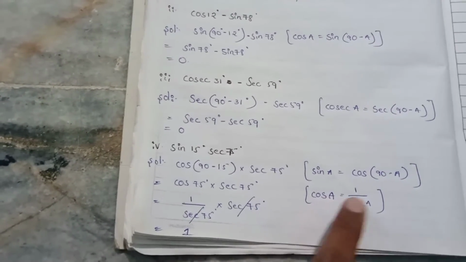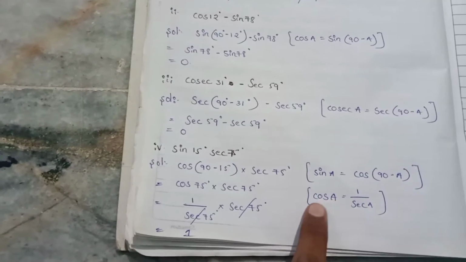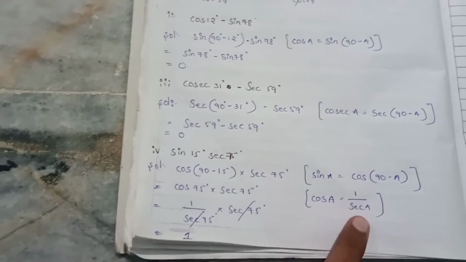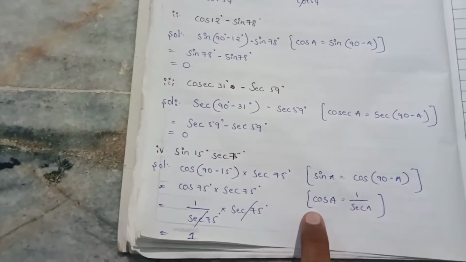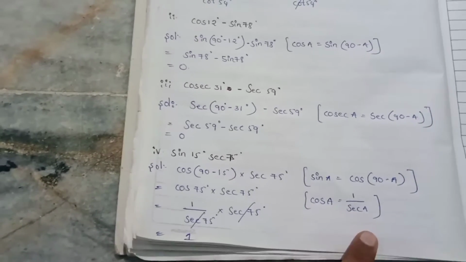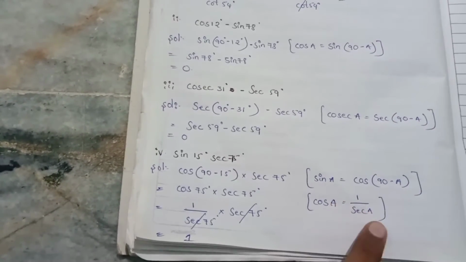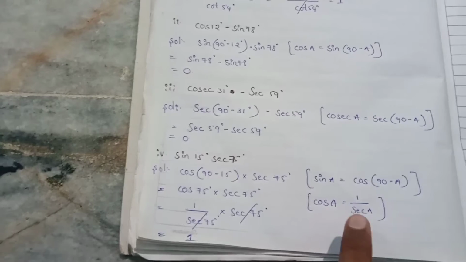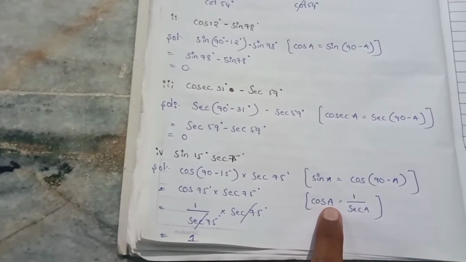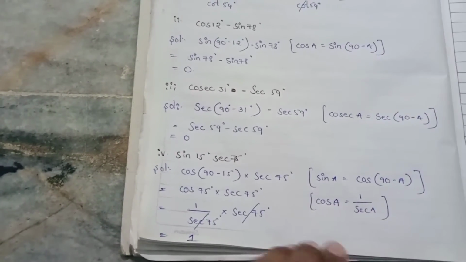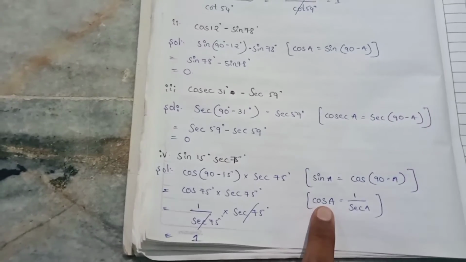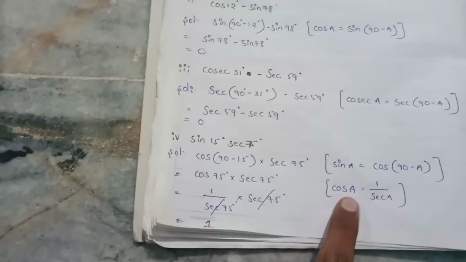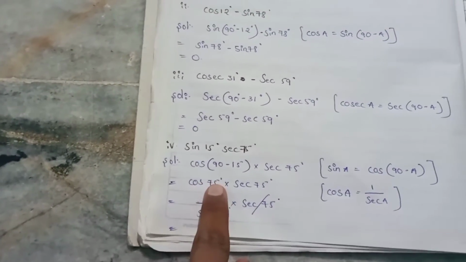See, cos a, but the formula must be the same. Cos a is equal to 1 by sec a. In the previous paper, cos x is equal to 1 by sec x. A and x are also equal. Whatever you want to take in the place of a, nothing to worry. Observe here and listen carefully. Cos a means cos 75 degrees.